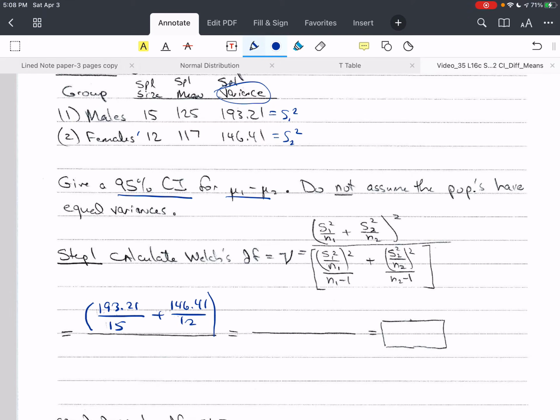If it were just s, then you'd have to physically square those values. And then this whole thing is squared. On the bottom, I have again s1 squared, 193.21 divided by 15, this quantity squared, and I divide by n1 minus 1, which is 14. Then I add to that s2 squared, 146.41 over 12, that quantity squared over 12 minus 1, which is 11, not 13.